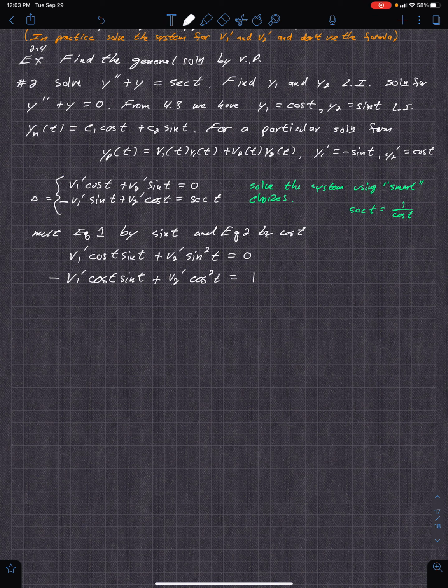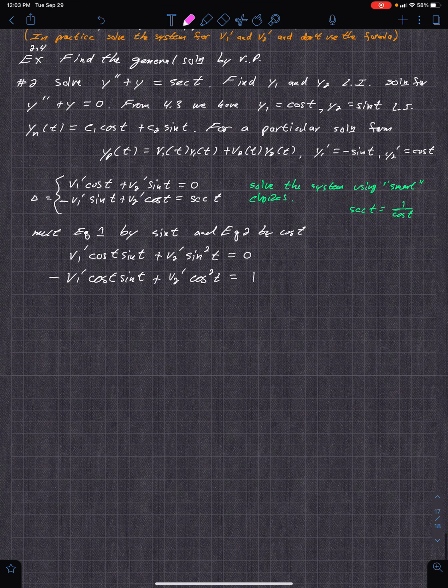You've got to check that, right? Multiply this by sine, you get sine squared here, and then cosine squared. So this we can see is going to 0. So now add.